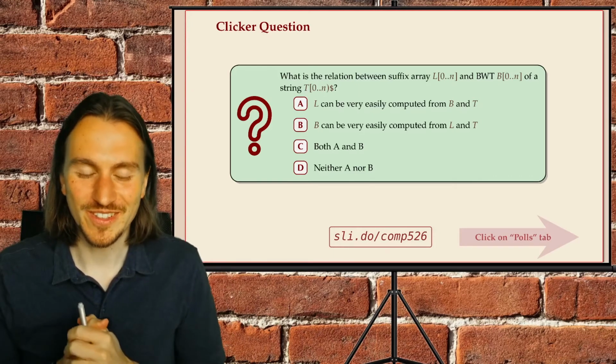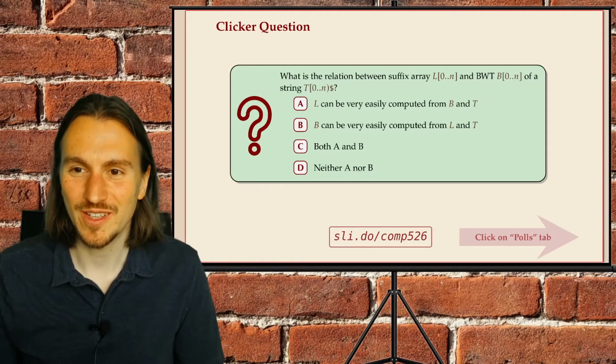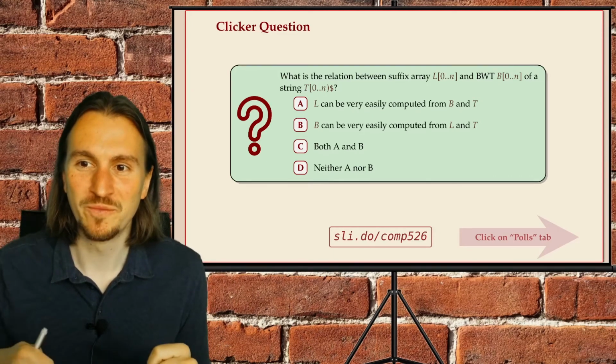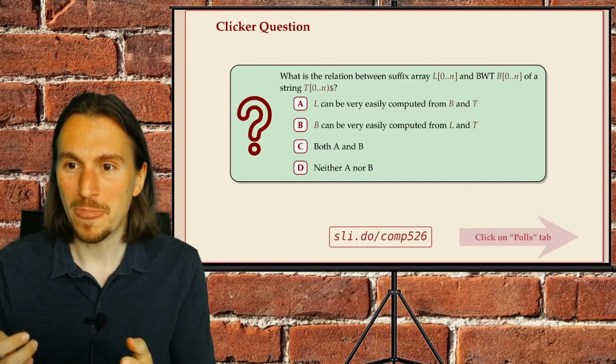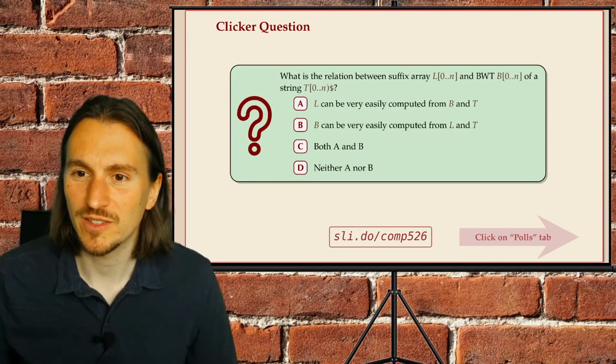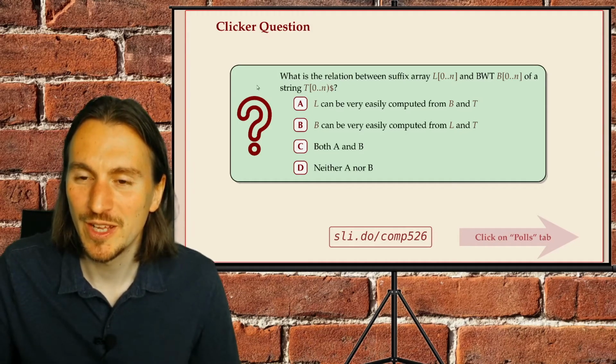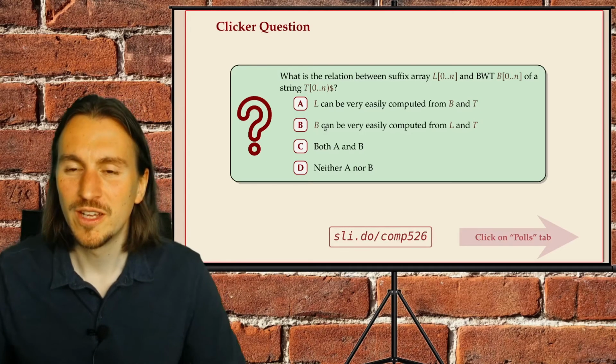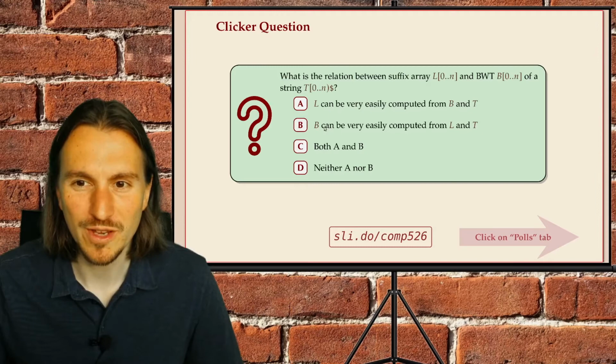Well, the sorted suffixes of a text, take all the suffixes of a text and sort them. That's L, and we have the text, and we have the BWT and the text. And so the question is, if you have either combination of either L or B and the text, is it easy for you to determine what the other is?